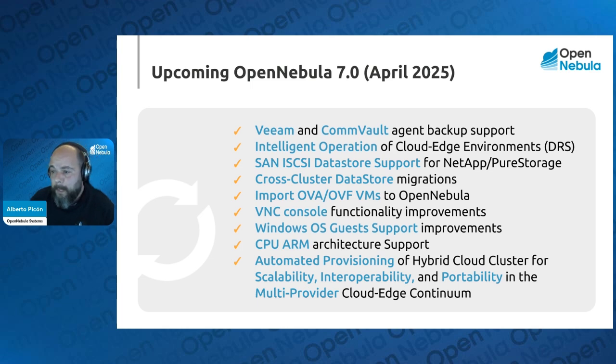I think it will be ready at the end of this month, but officially it will be released in OpenNebula 7.02. And of course, automatic provisioning for hybrid cloud clusters, providing scalability and portability for multi-provider cloud edge continuum in different configurations.